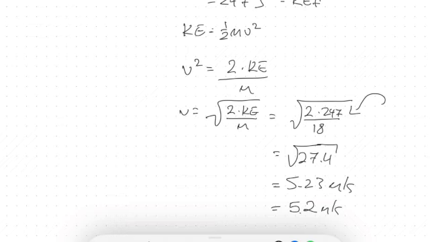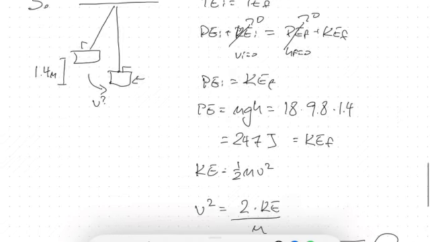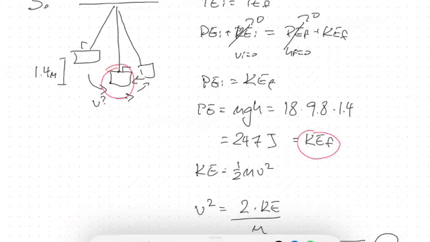This question is asking for the top speed. So the top speed is the moment when it's at the very bottom, it's the fastest. Because it's getting faster, and then as it swings upwards, it starts slowing down again. So at this point at the bottom, the kinetic energy final has the fastest speed.